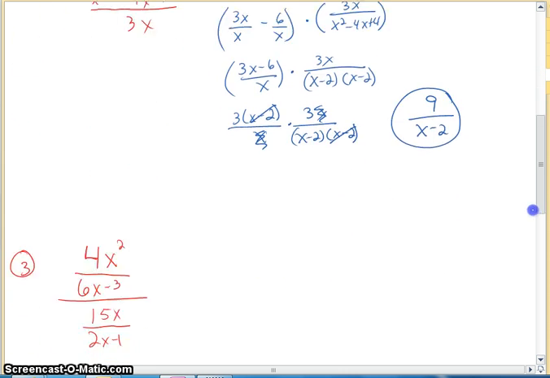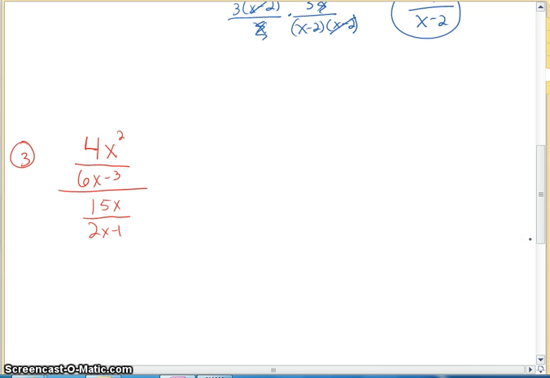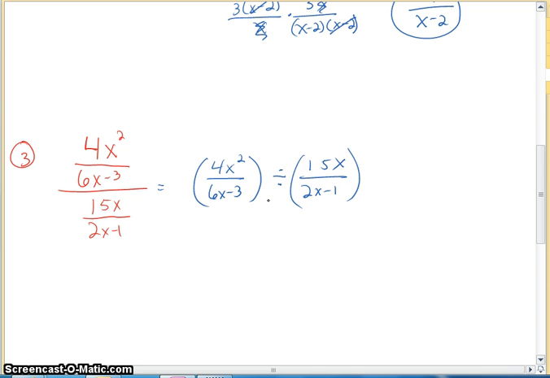Okay, next one. So this is a complex fraction again. So I know that this really means 4x squared over 6x minus 3 divided by 15x over 2x minus 1. For these two fractions, I don't need to do any more simplifying. I can just change it into multiplication, start reducing, and simplify.